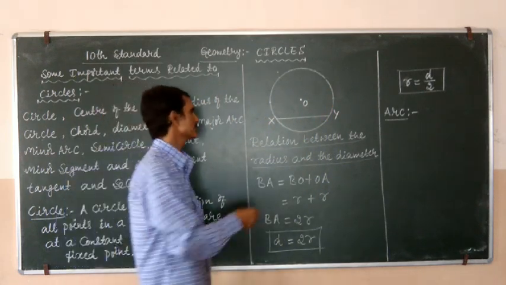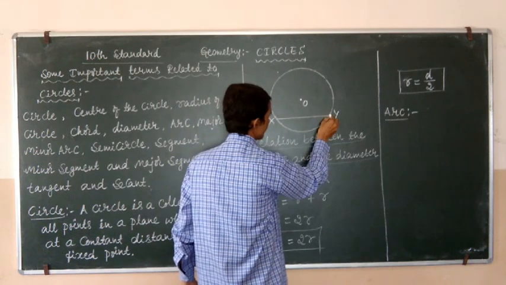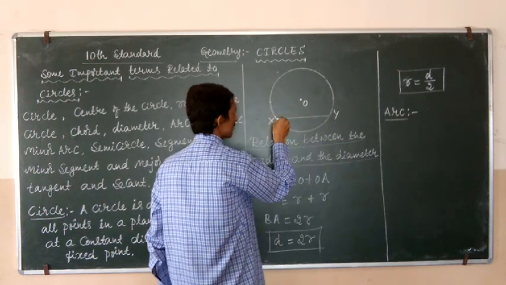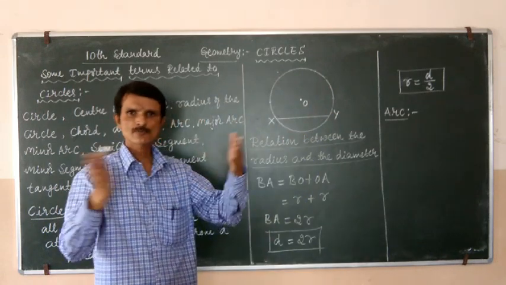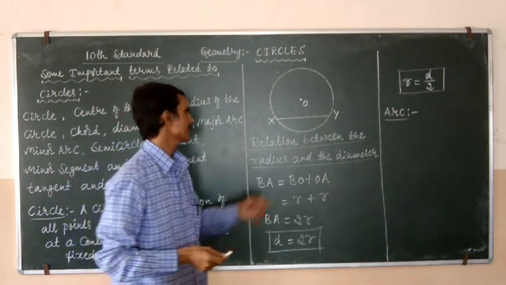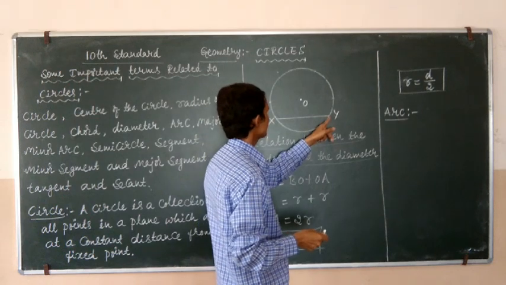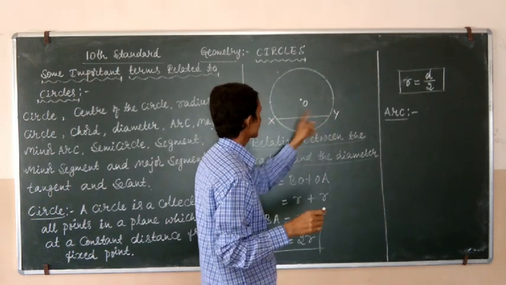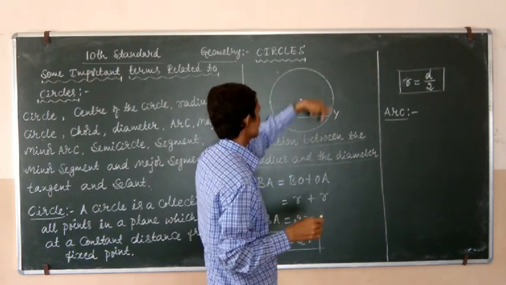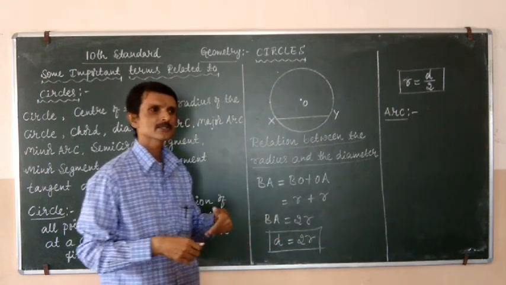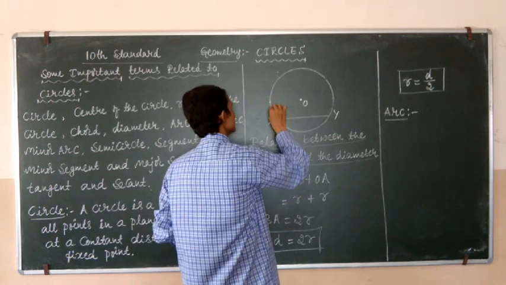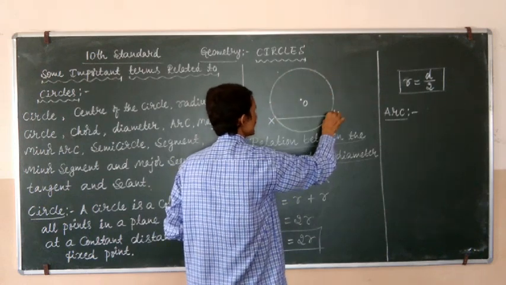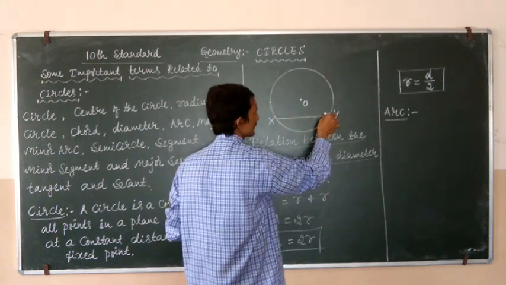Arc means, if you draw a chord, this chord divides the circumference of the circle into 2 parts. So here is this one part and also this part.